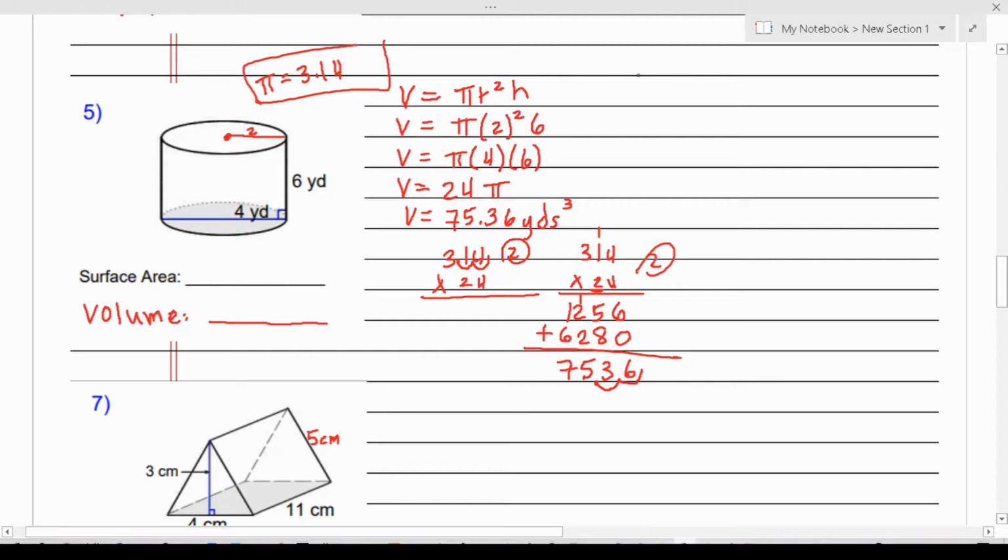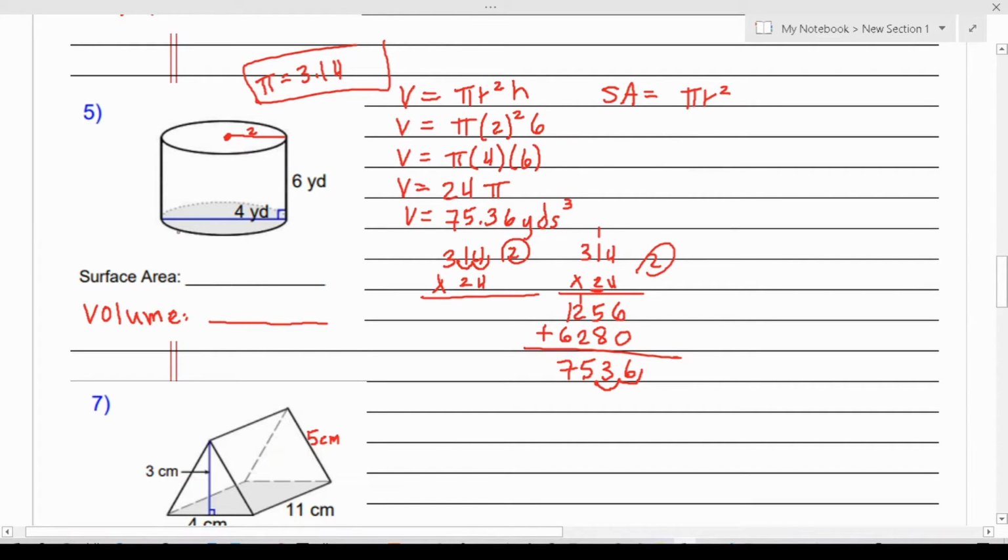Right, surface area is a little bit more challenging, but that said, let's discuss what we have going on here. Again, surface area is the area of all the faces in this shape. So we can see that we're going to have to find the area of this circular face as well as this circular face. Okay, we know how to find the area of a circle. That's pi r squared.